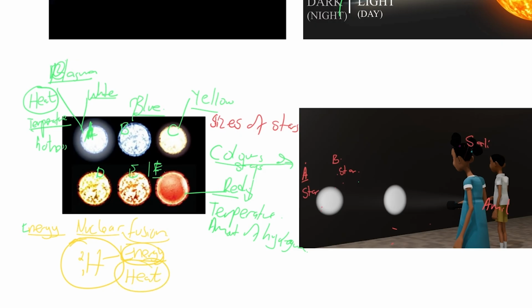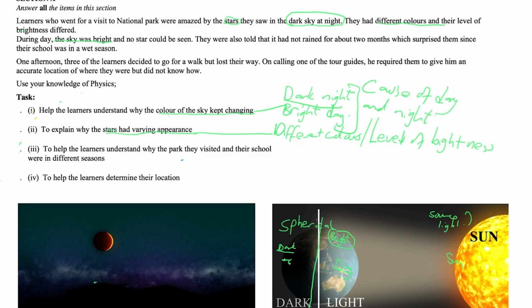This energy is in terms of heat. Now, the more heat produced, the more temperature the star will have. So stars do appear in different colors simply because of differences in temperature and the difference in the amount of hydrogen the stars have.